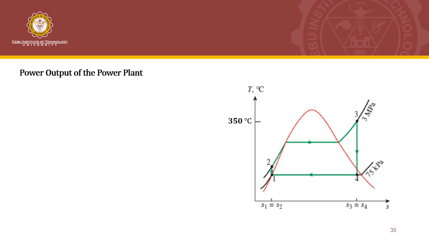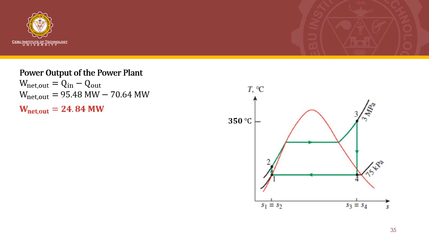The power output of the power plant is the difference between Qin and Qout, and that is 95.48 megawatts minus 70.64 megawatts. So the power output of this power plant is 24.84 megawatts. It means that this is the actual power that is being delivered, or coupled to the generator, that will be distributed to the consumer.